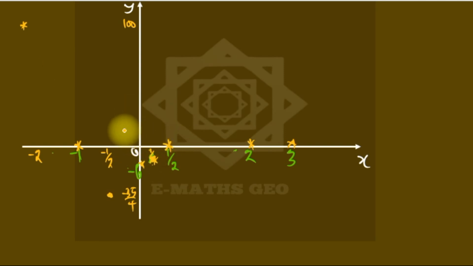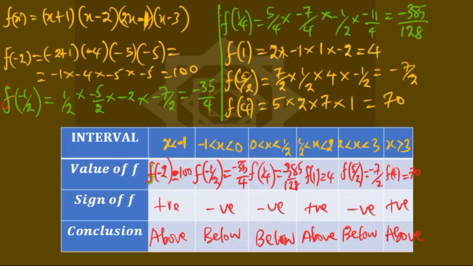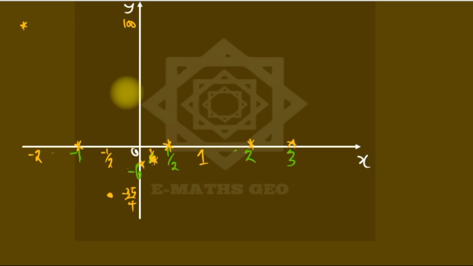So which other? Between half and 2, we chose 1. So what did you get? f of 1 is plus 4. So we got 4. So 4 should be down a little. So 4 is this. This is the point, 1, 4.